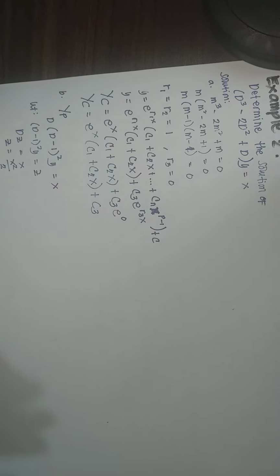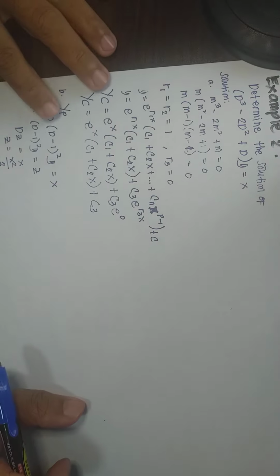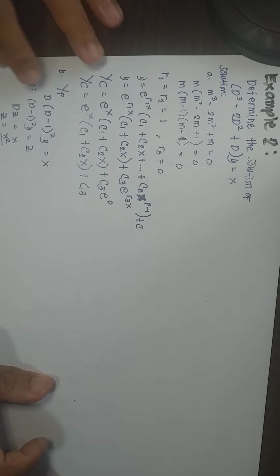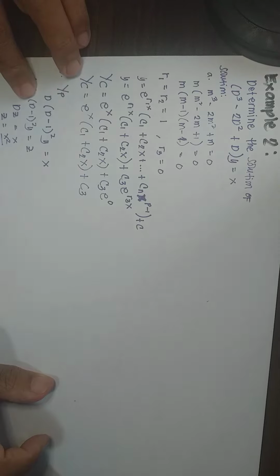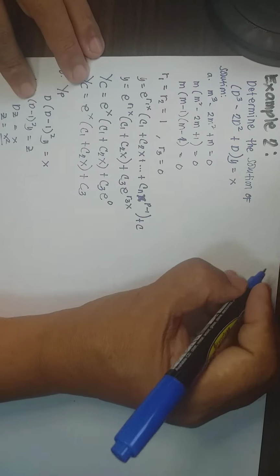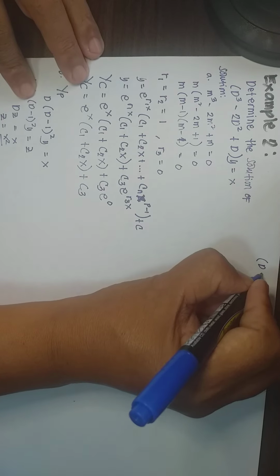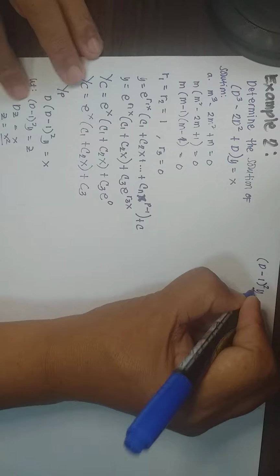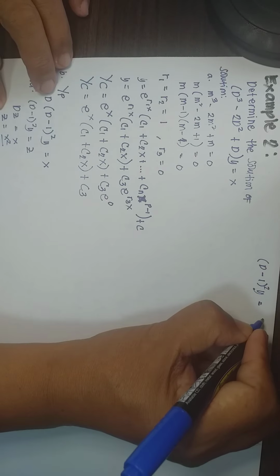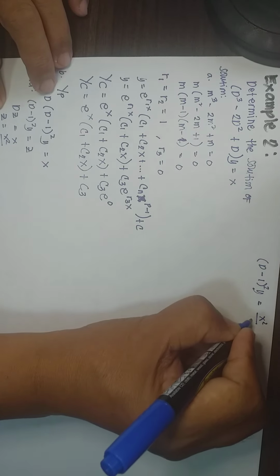Again, the arbitrary constant c is omitted in yp. But z is D minus 1 squared y, so this becomes D minus 1 squared y is equal to x squared over 2.